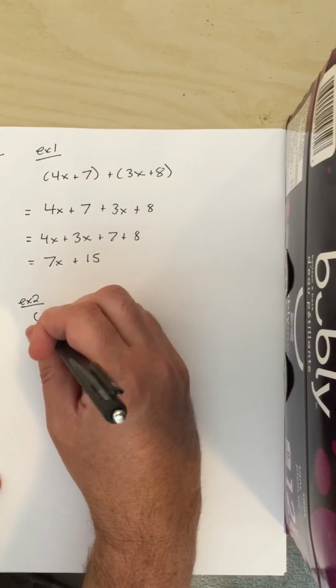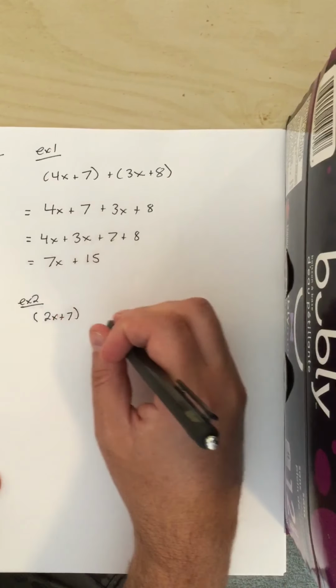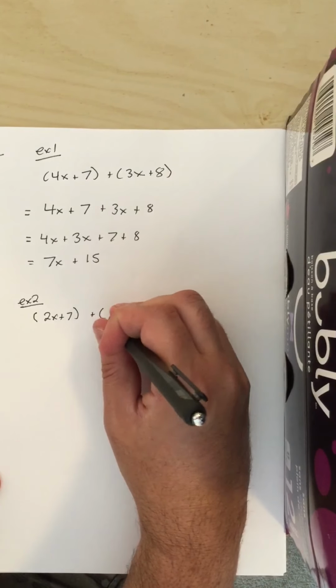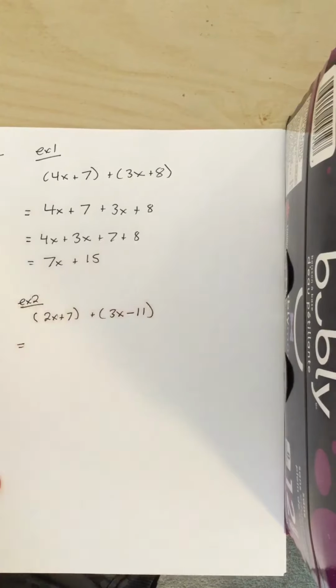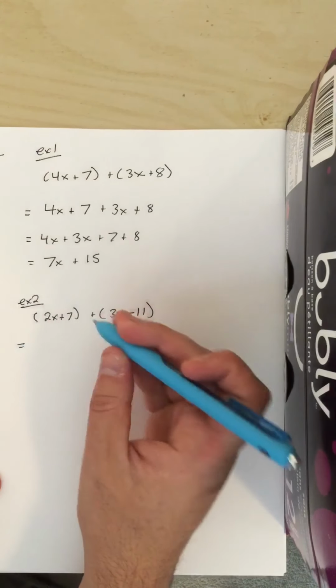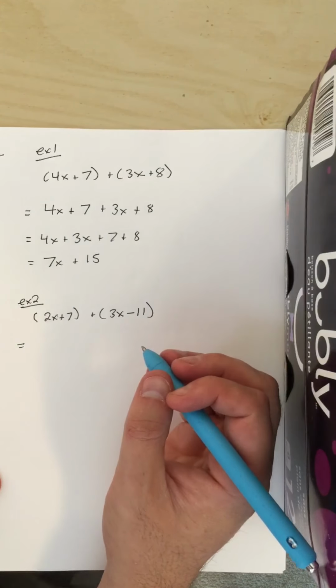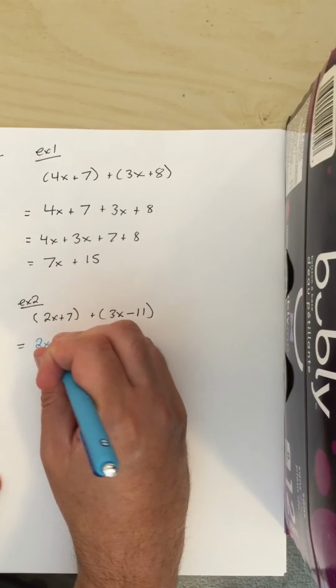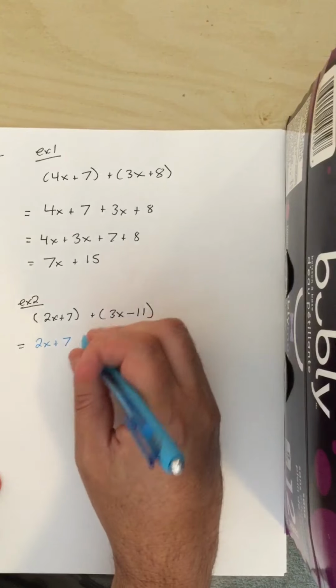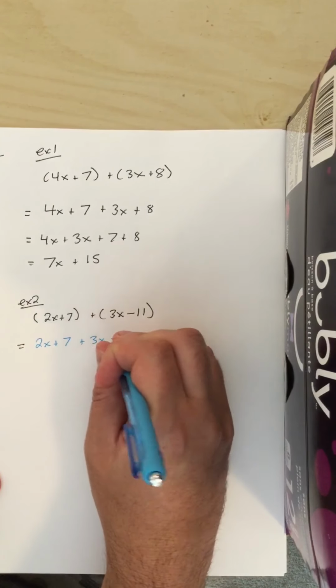Example 2. 2x plus 7 plus 3x minus 11. I'll do it in a slightly different color so the question and the answer stick out differently. There's an invisible plus in front of this bracket, so we just get rid of the brackets. There's a plus in front of this bracket, so we just get rid of the brackets.